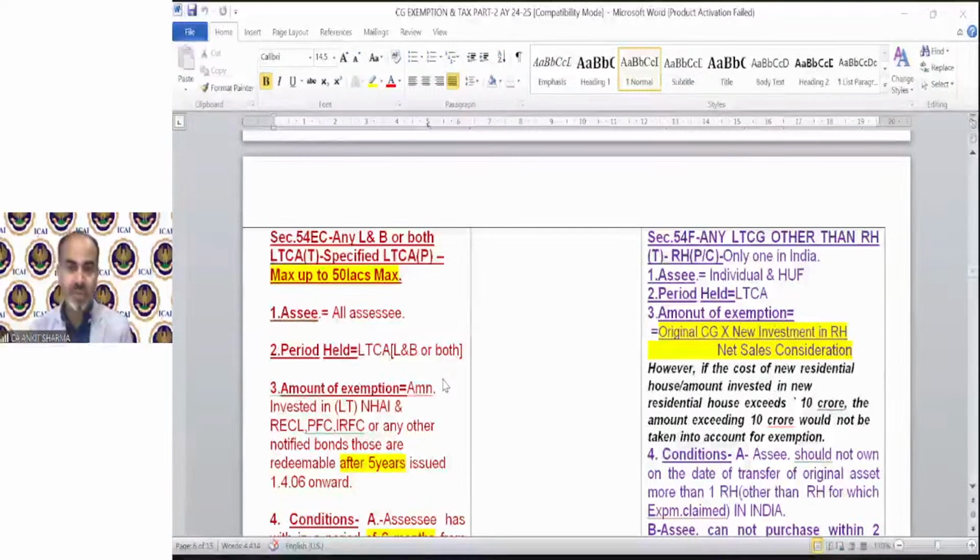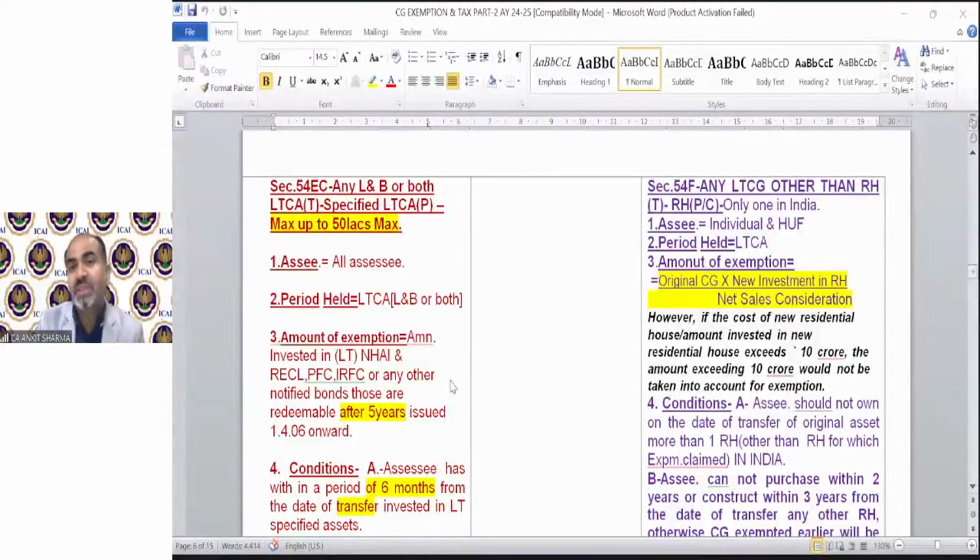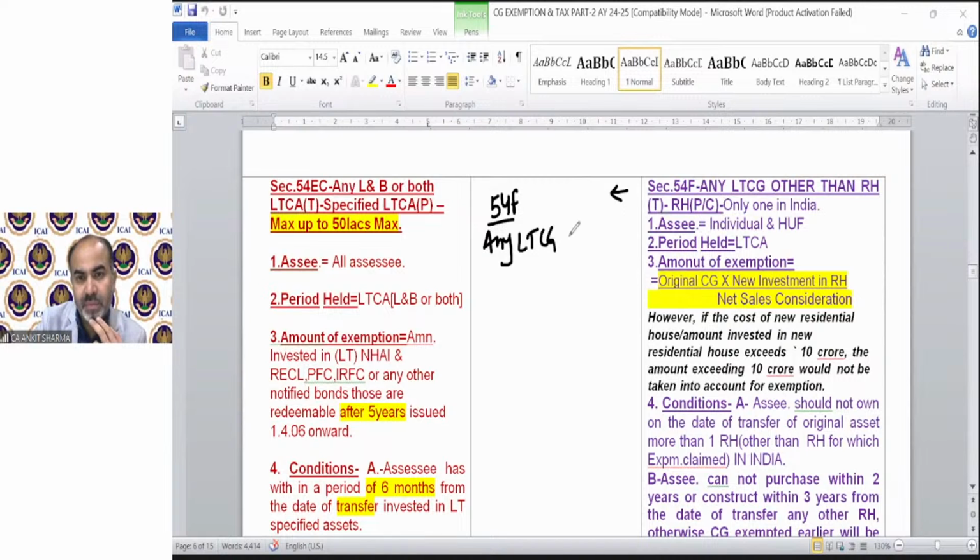The last exemption, that is section 54F, now we are going to discuss. And it says, any long-term capital gain. You can see it's a very different kind of heading. Section 54F says that any long-term capital gain other than a residential house.